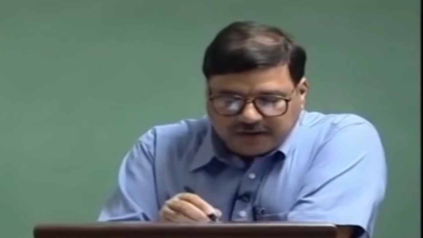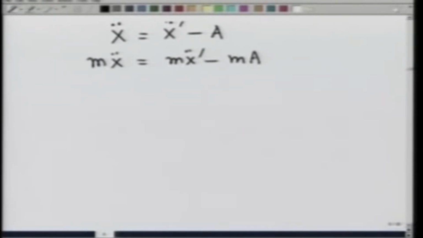So, just talking in this one dimensional case, x double dot, which is the acceleration in the accelerating frame, is equal to x prime double dot minus a. If I multiply both sides by mass m, this is m x prime double dot minus m a.